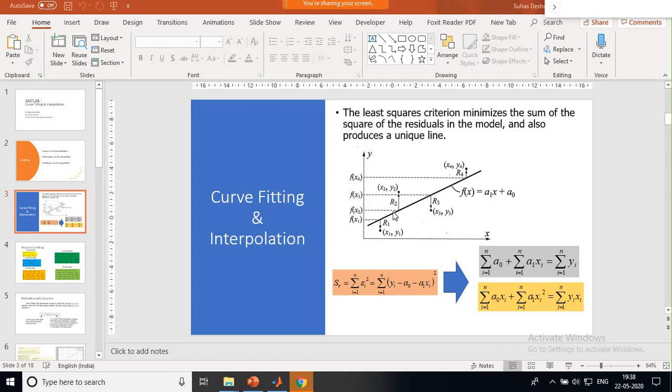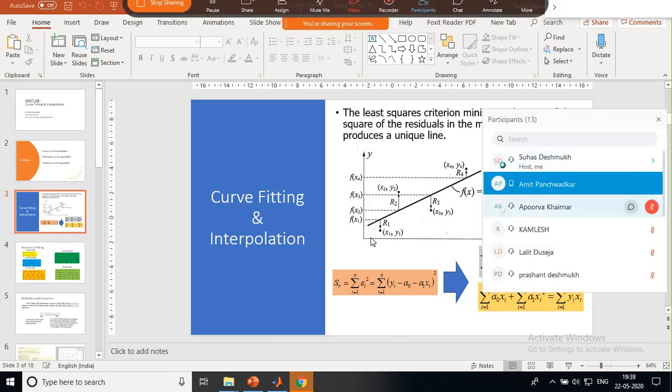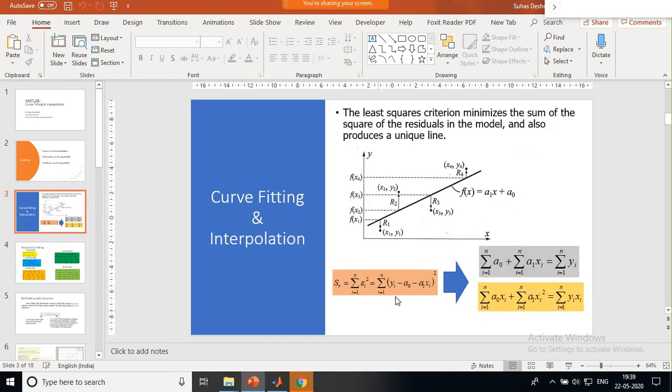But in actual practice this doesn't happen. That is why you tune the a0 and a1 values such that this error is at a minimum. Whenever we determine minima, ultimately you take the derivative of this function and equate that derivative to 0.